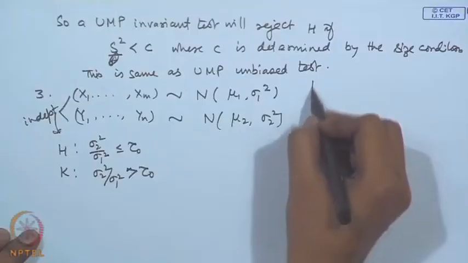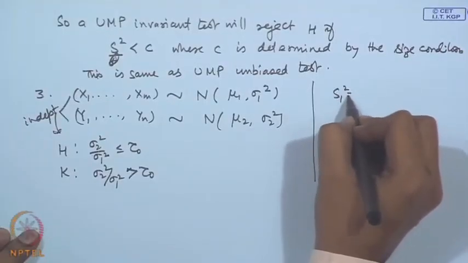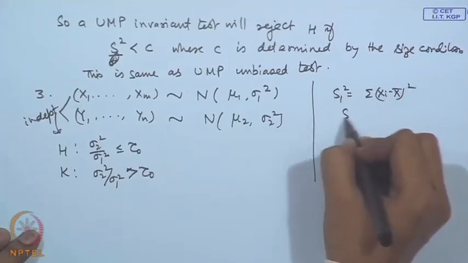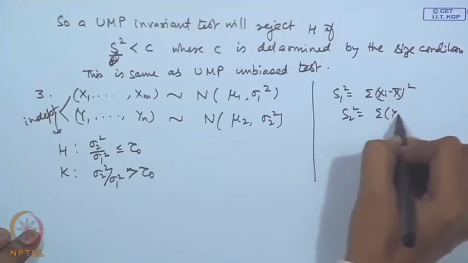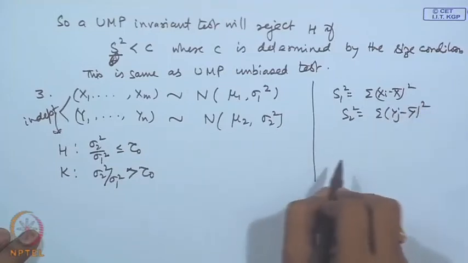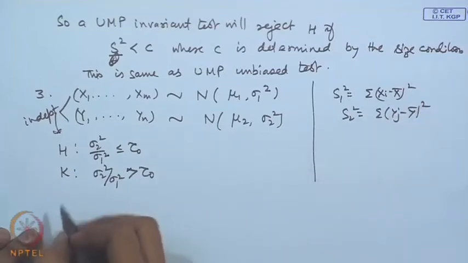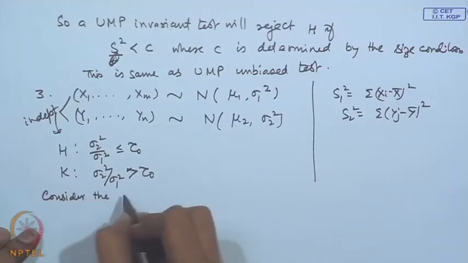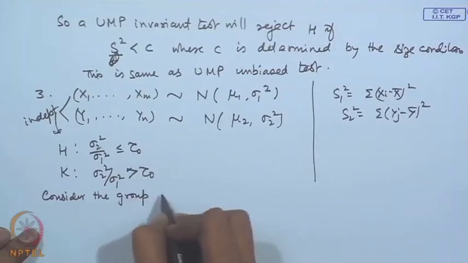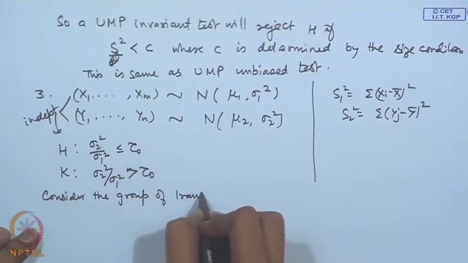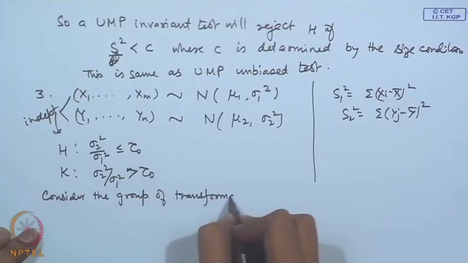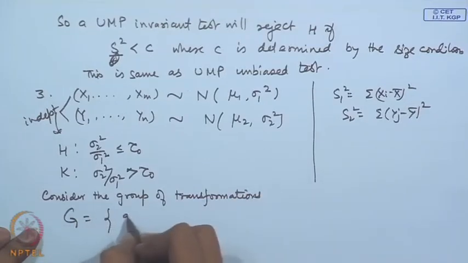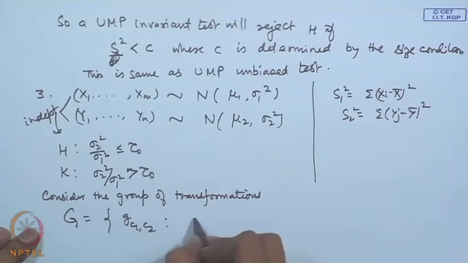So, I define as before S1 square as the sum of (xi minus x bar) whole square, and S2 square as the sum of (yj minus y bar) whole square, and consider the group of transformations G of C1, C2.